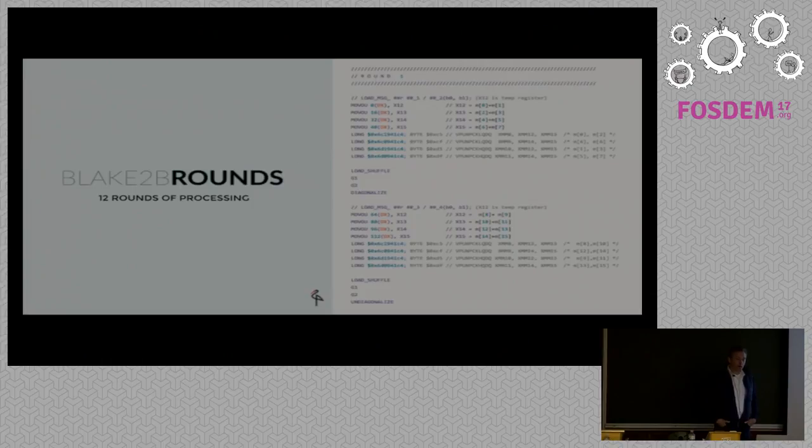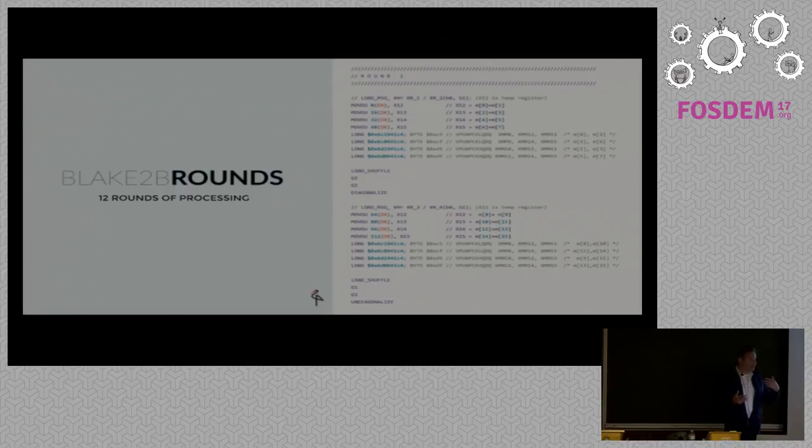If you look at the BLAKE2B algorithm itself, it actually has 12 rounds of working on the data. This is the preamble, where first the message is read in, then it's shuffled around, and then there are 2 macros that do the actual XORing and adding and rotations of all the bits.